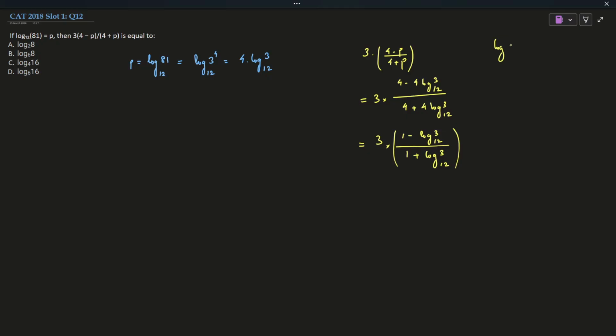Now there is a property: log a to the base b can be written as log a by log b. So I will use the same property here. So 1 minus log 3 by log 12, by 1 plus log 3 by log 12.